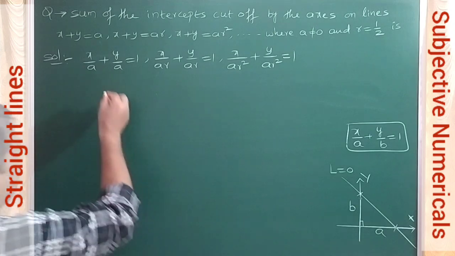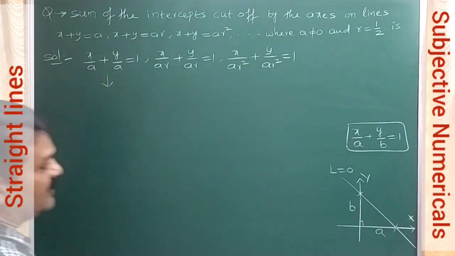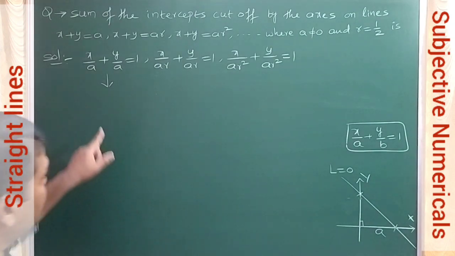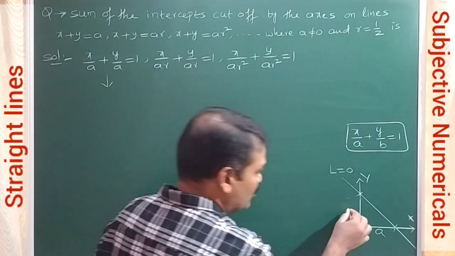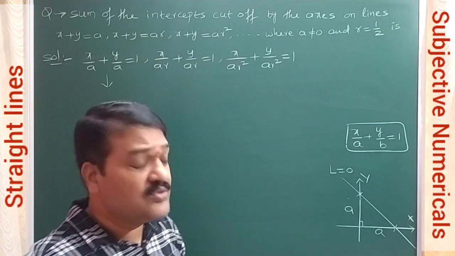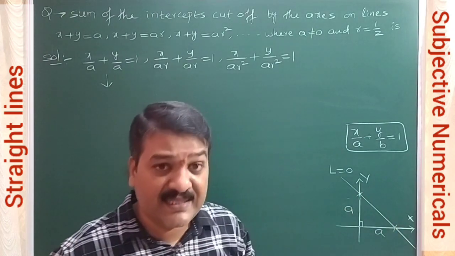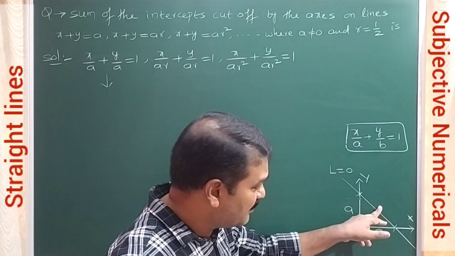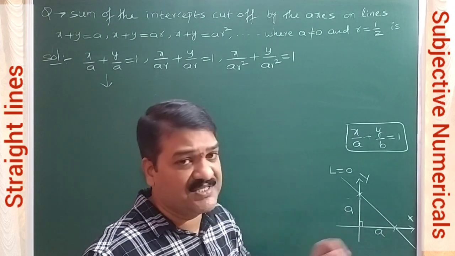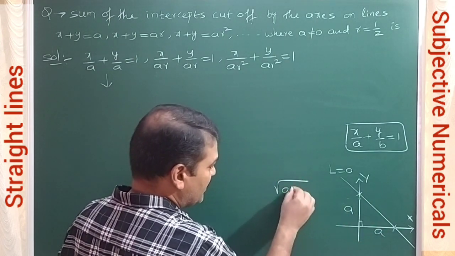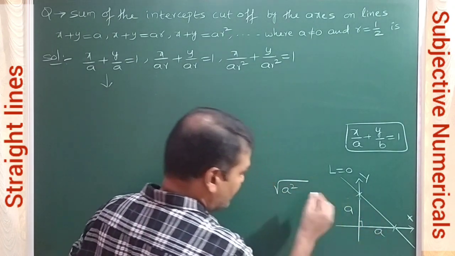If I take the first line, x and y intercepts both are a. So using Pythagoras theorem, what will be the hypotenuse length? The length of hypotenuse will be under root a square plus a square. This hypotenuse length will be under root of square of this side plus square of this side.